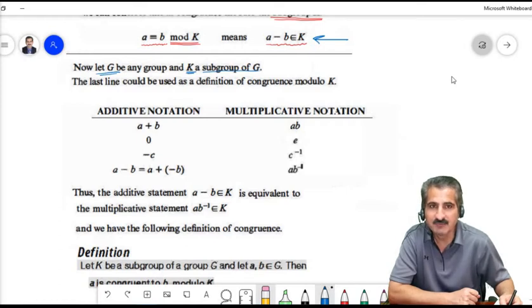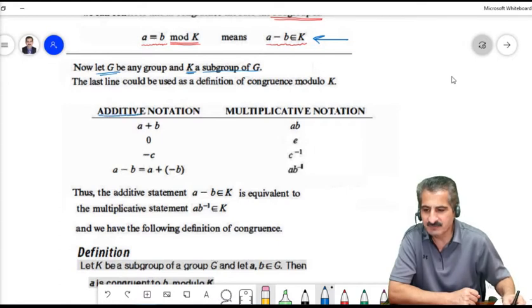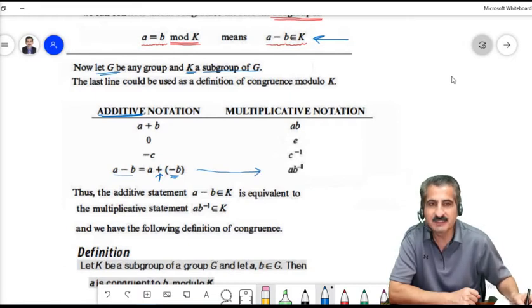But before we move on, we want to agree on the notation for the operation of the group. For the additive notation, we write a plus b, 0 is the identity, and negative b is the inverse, and a minus b means a added to the inverse of b.